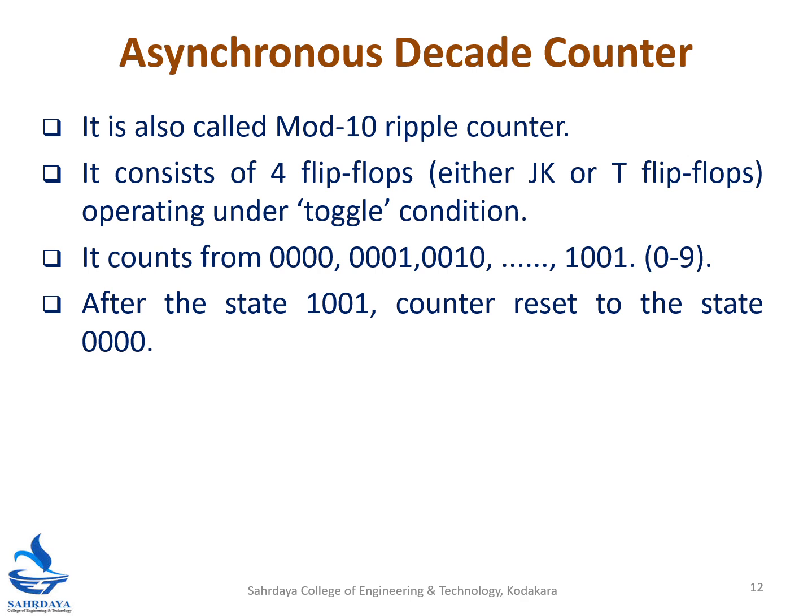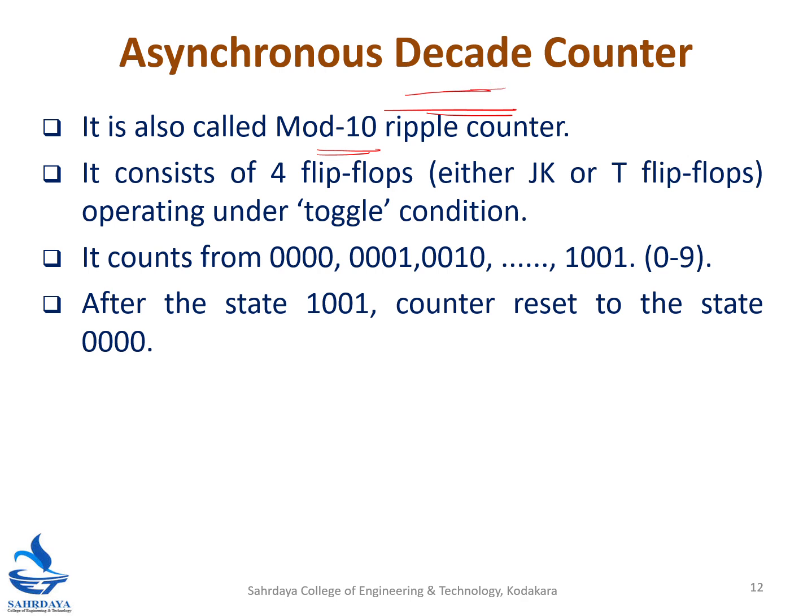Okay. Then first, we are explaining the decade counter. Decade counter is nothing but a mode 10 counter. Decade means 10, as dec means 10. So a mode 10 counter is also known as a decade counter.